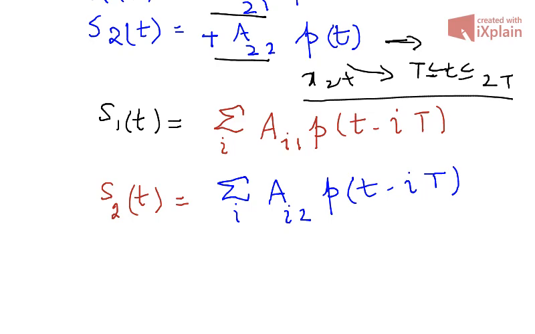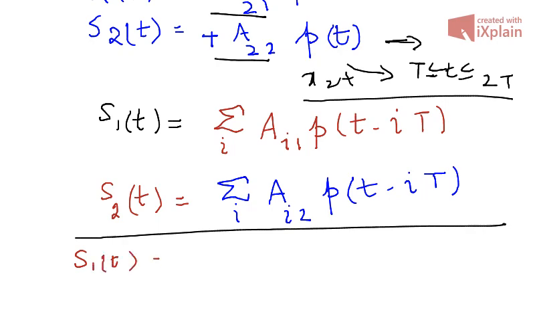For all I, what will be our S1? If you see our S1 for just those two symbols, S1 would be A11 first symbol, P of T, right?